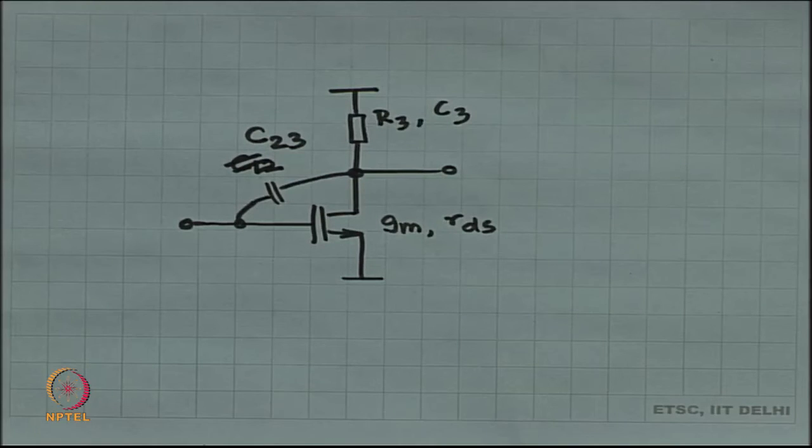Is there any intuitive way to calculate this 0 without going into complex calculations? And the answer is yes, there is.